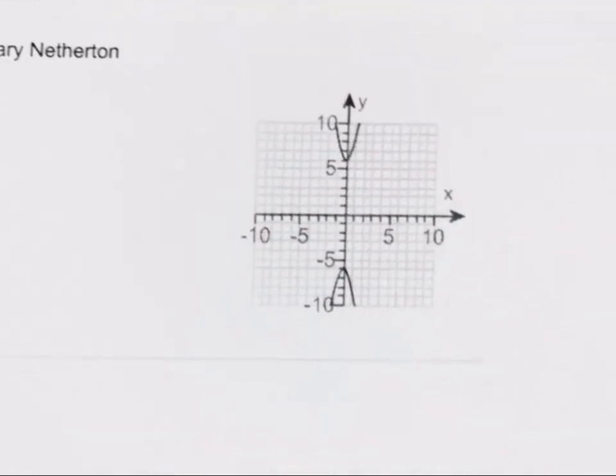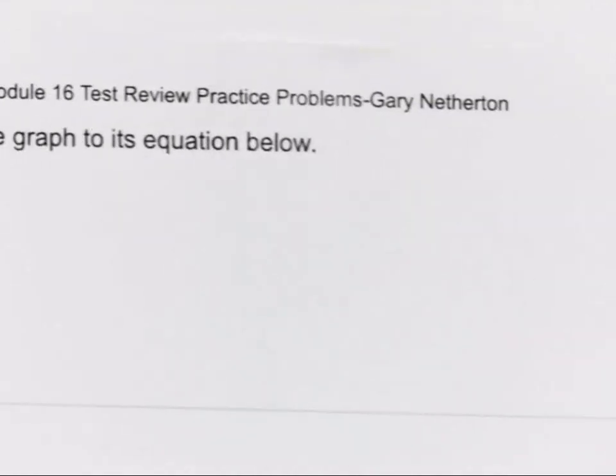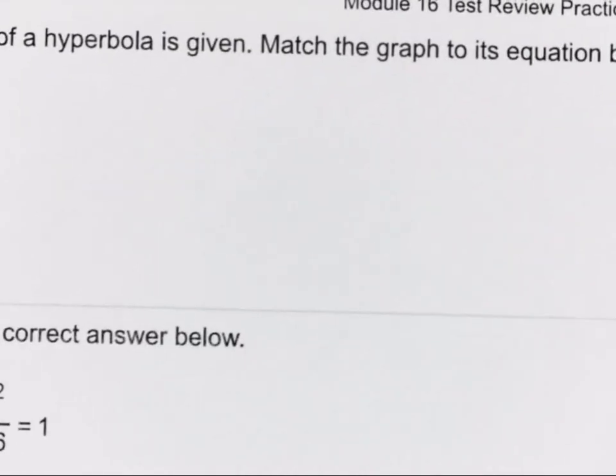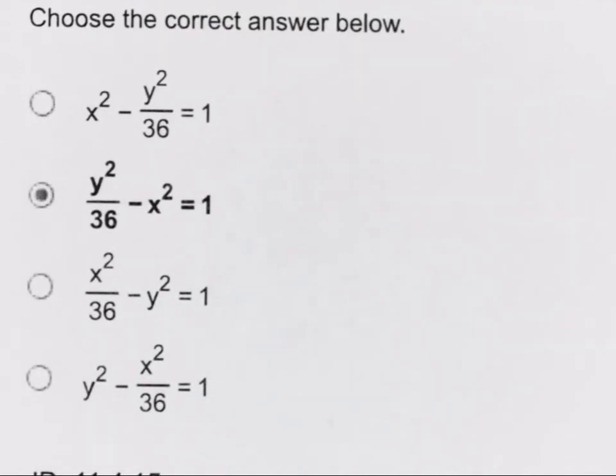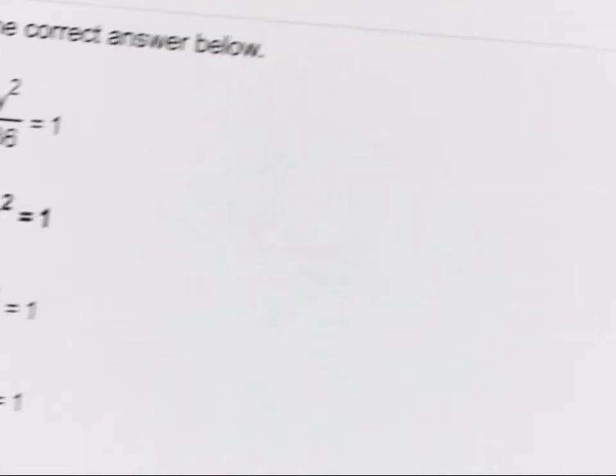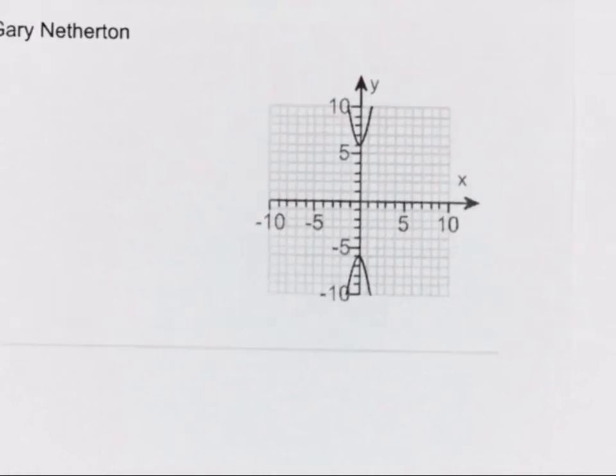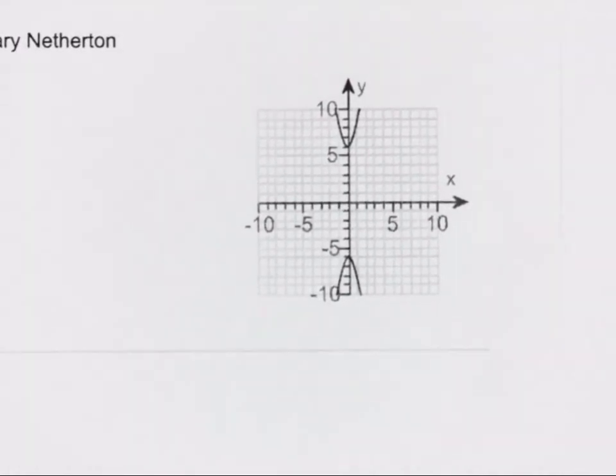All right, last problem. A hyperbola problem. Let's just look at the graph. So basically the question is, match the graph to the equation. Now they give us multiple choice. So once again, I may not have to figure out the exact equation, I just have to figure out enough to know.